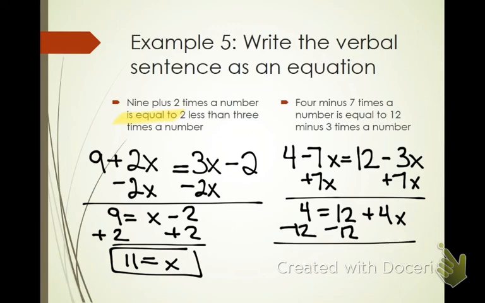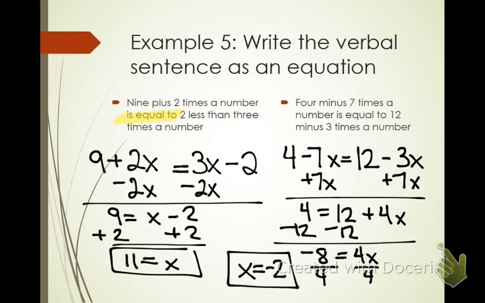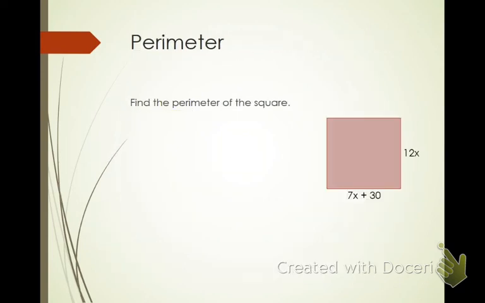So we get negative 8 equals 4x. Divide both sides by 4, and x equals negative 2. Who got negative 2? Okay, last example.